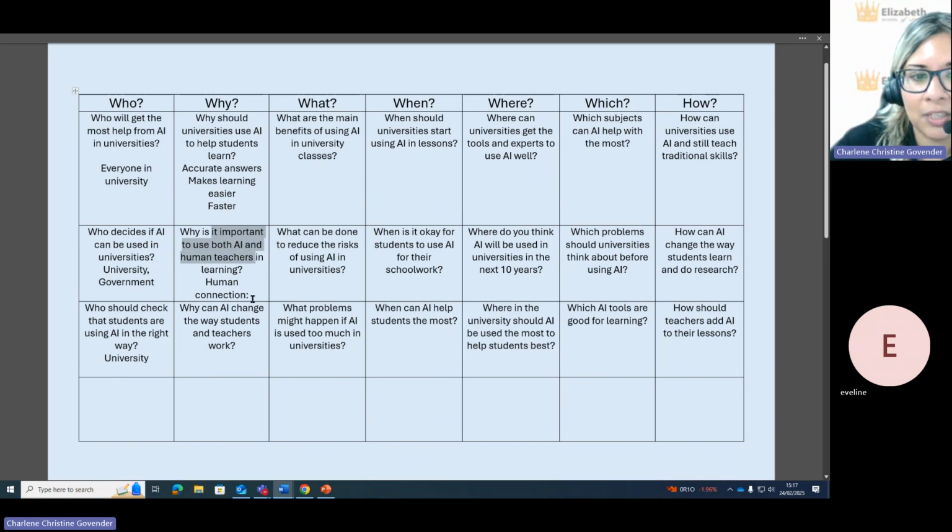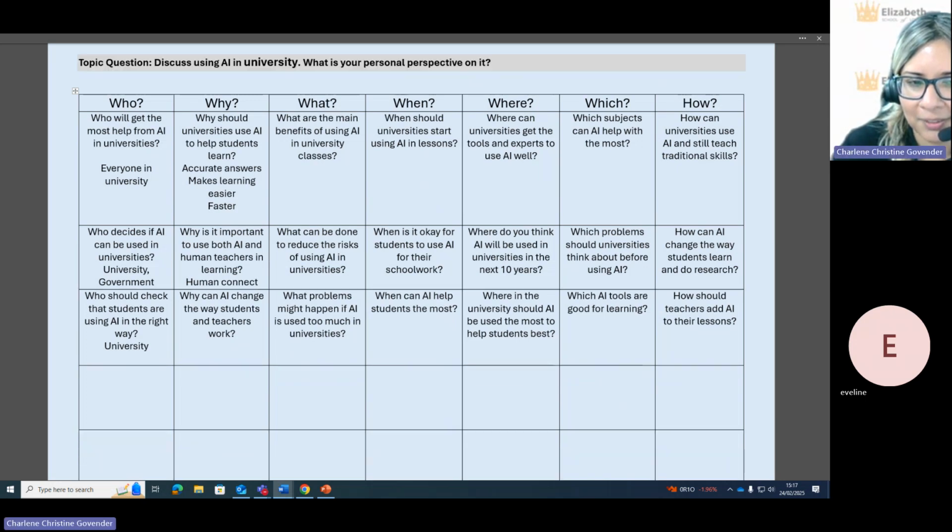So it's focusing on the positive aspects, or why is it good to use both AI and human teachers in learning? Do you want to think about it? I'll give my answer first.